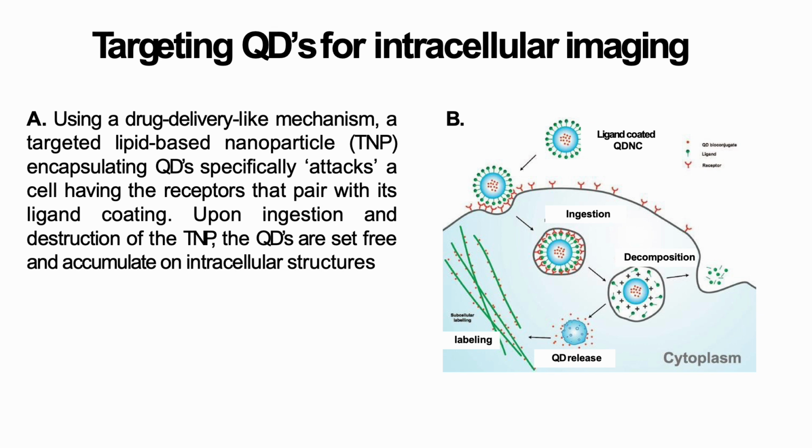So upon ingestion, so here we talk about endocytosis and destruction of the targeted lipid-based nanoparticle, the quantum dots are set free and accumulate in or on the intracellular structures. So this is again what we can expect from those nanosystems.